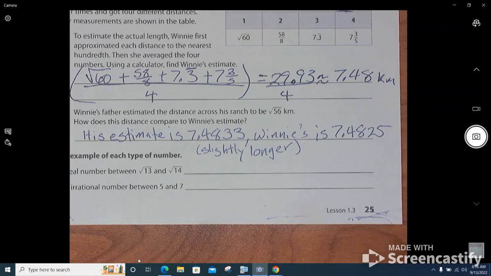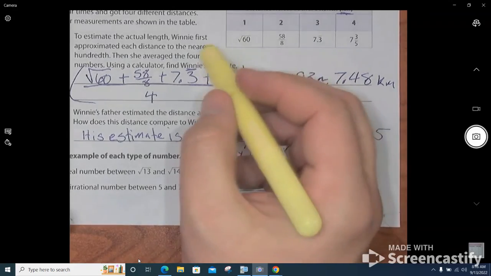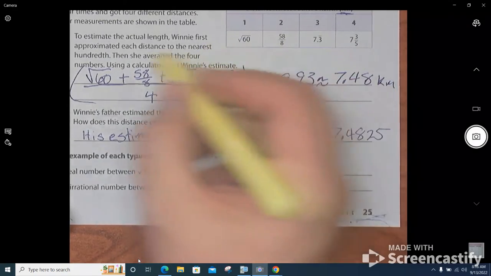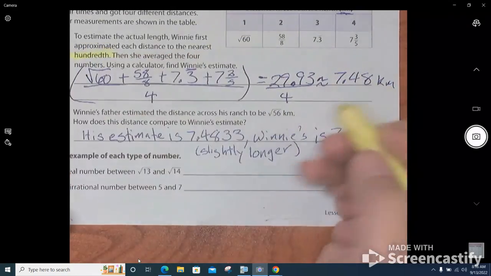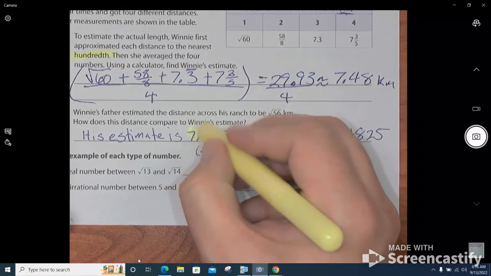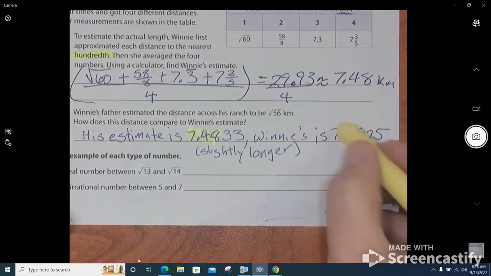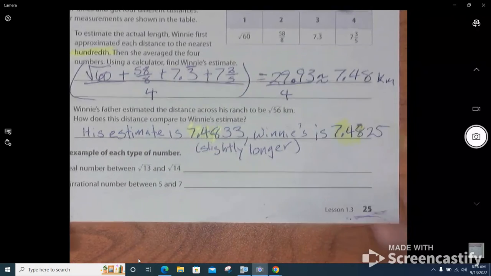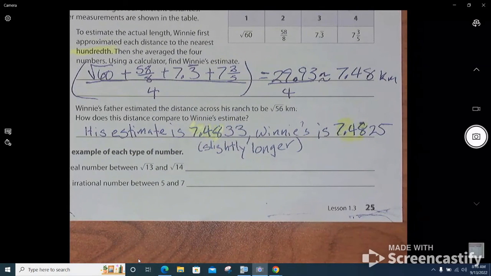Yeah. So now here's the thing that I want you to think about. If the back of the book says they're the same, where did they get that information from? Well, yeah, mathematician dudes. No, remember, they're saying that she rounded to the hundredths, right? So if you round his to the hundredths and you round hers to the hundredths, it's 7.48 either way, right?